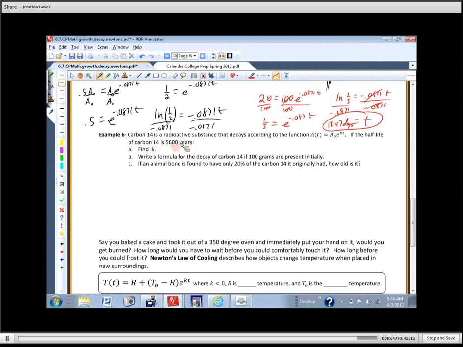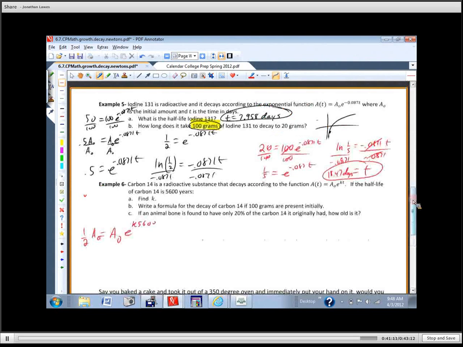So we let 5,600 years go by, and half of it will disappear. So if you start with A naught, and you let 5,600 years go by, how much will be left? Half of A naught. Now everybody look at that.